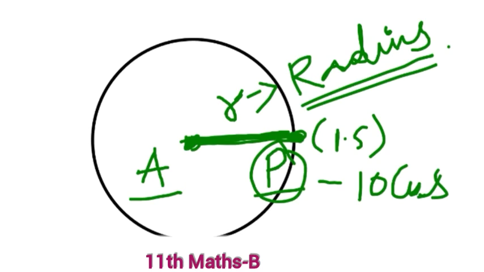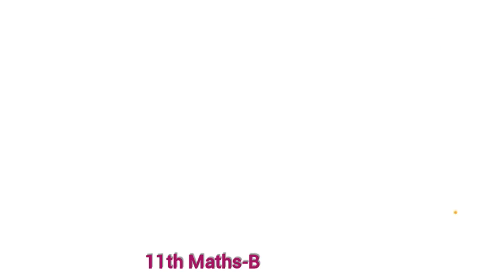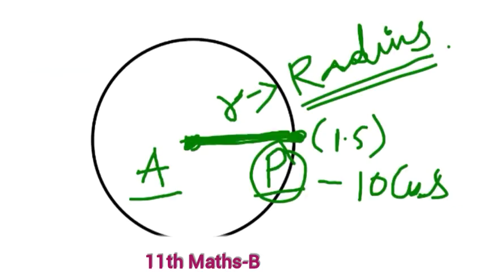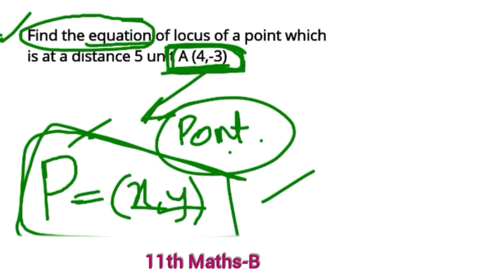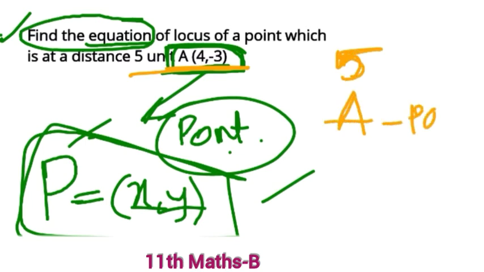Now let us substitute the values as given there. R is the radius, and we got the two points there, right? Here we got two distances. One is 5, one is A, which is a point, and P is a point.